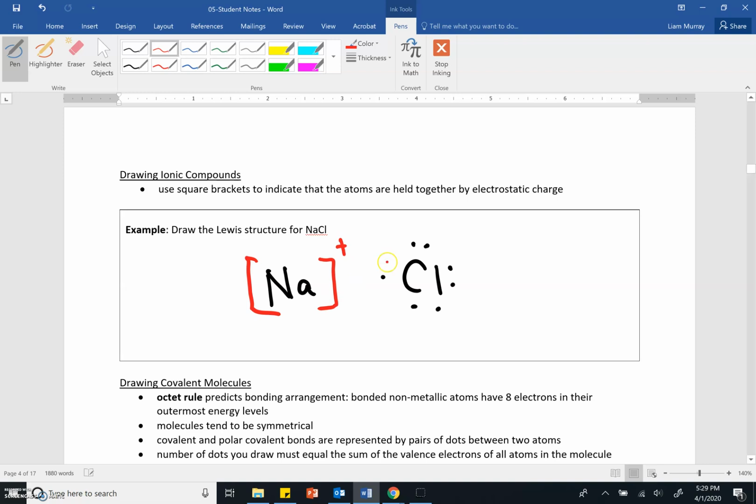Chlorine has gained 1 valence electron, so we can now show that this has a charge, and it is -1 because it's gained 1 electron. So if you're to show sodium chloride, an ionic compound, as a Lewis structure, this is how you do it. You want to draw the brackets and charge.